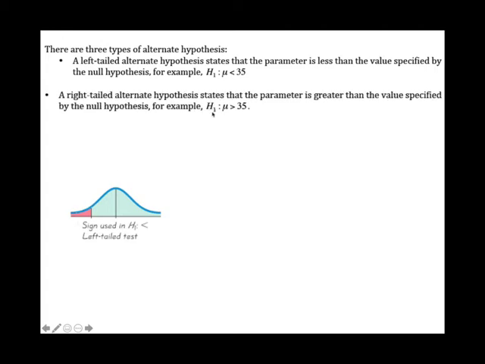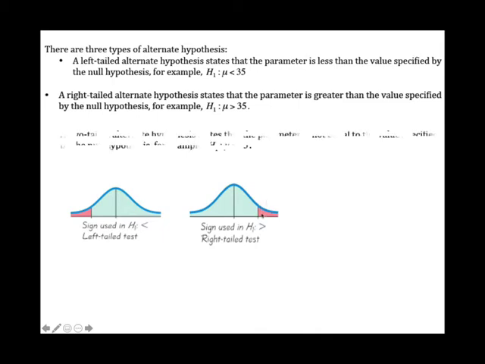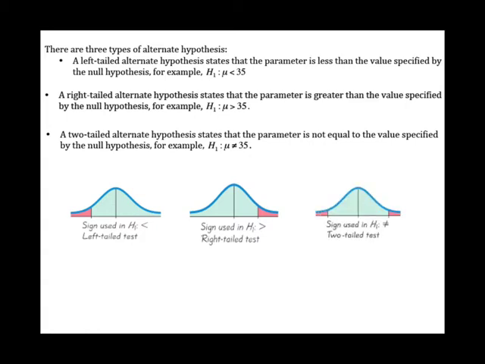If your alternate hypothesis is strictly greater than, we are working on the right tail test. The last one is the two-tail. If your alternate hypothesis is not equal to 35 milligrams, we are working on the two-tail test.